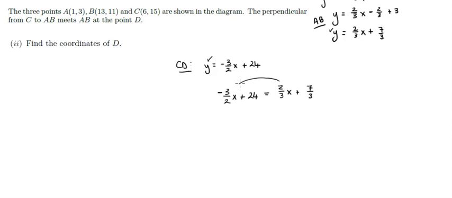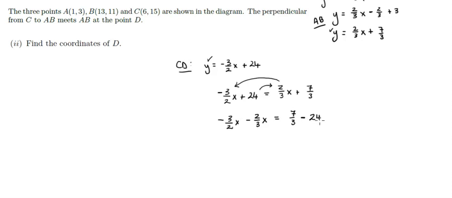I'm going to get all the x terms on the left side. So this is going to be minus 3 over 2x minus 2/3 x is equal to 7 over 3. And then get this 24 to the right side. We have to subtract 24 from both sides.